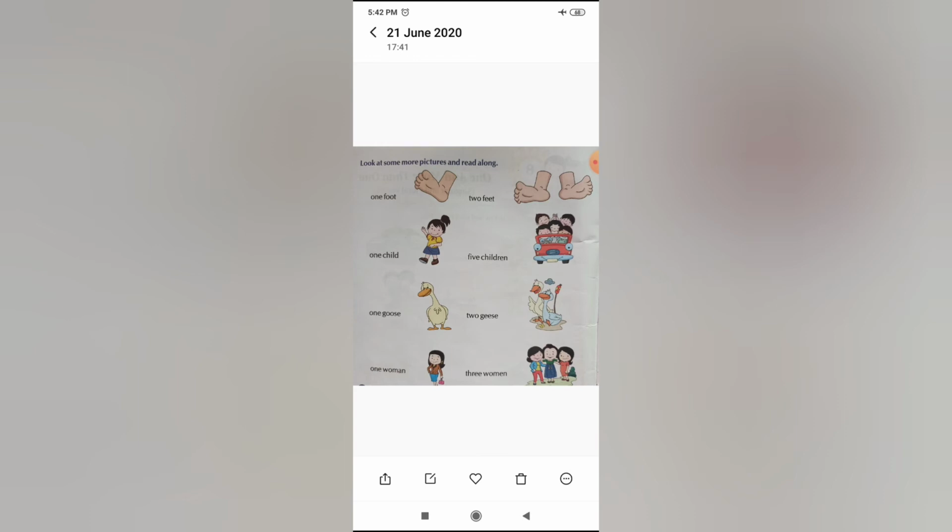But when the number increases to 2, we call it 2 feet. So what has happened here? The vowel O in the word foot has changed into E. The vowels have changed to convert the singular noun into plural noun.